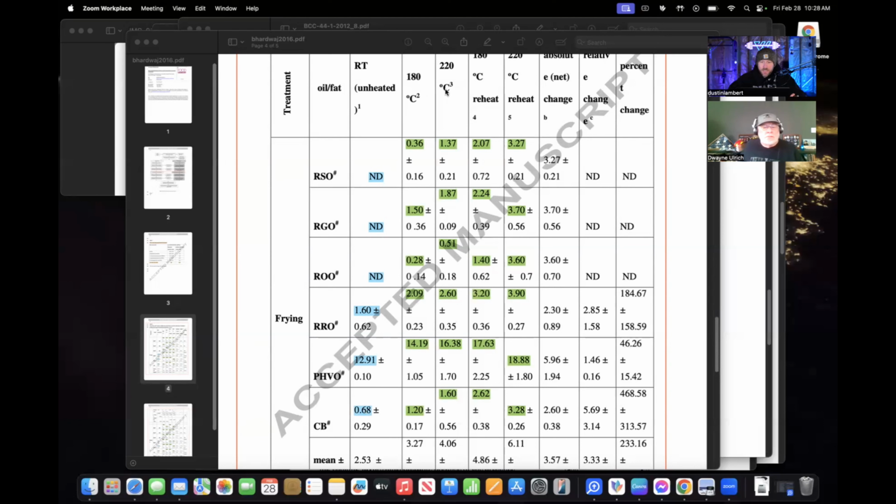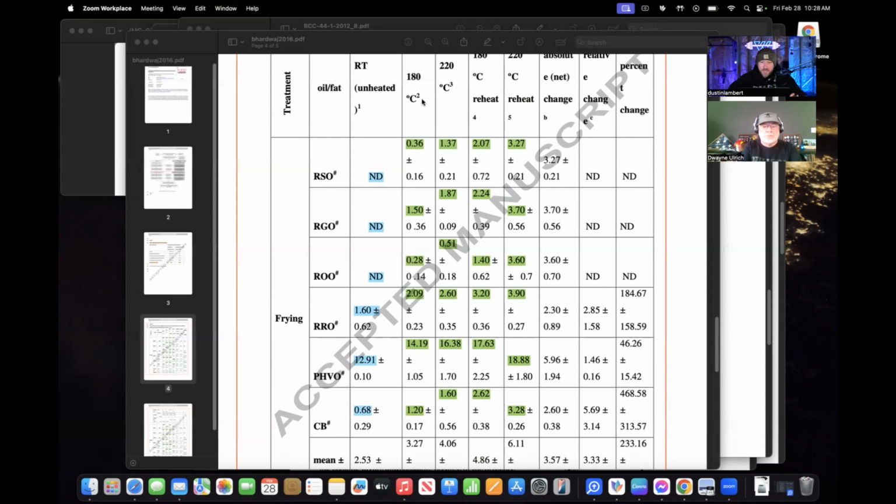And then we can see our heating and reheating cycles and what those did to our trans fatty acid contents. This chart here is specifically for the frying, and we can see that trans fatty acids did indeed increase in all of these fats, even the clarified butter.